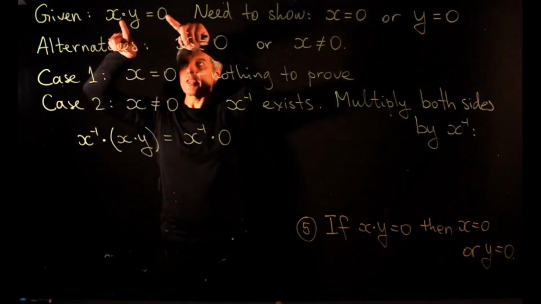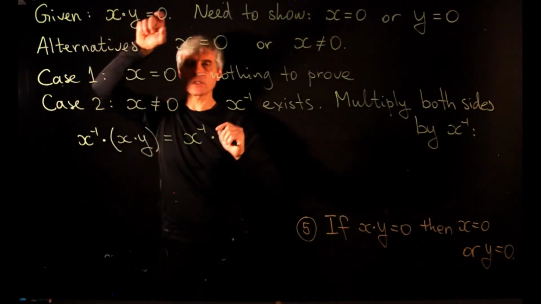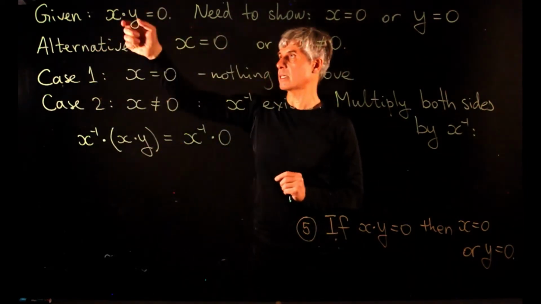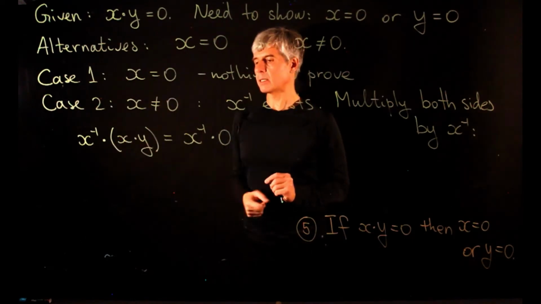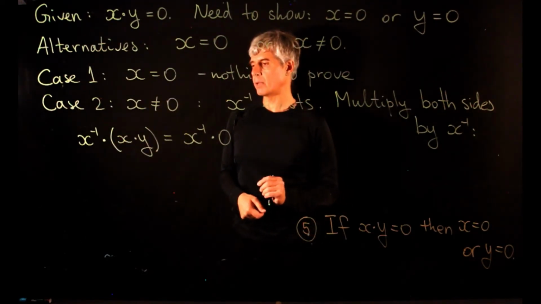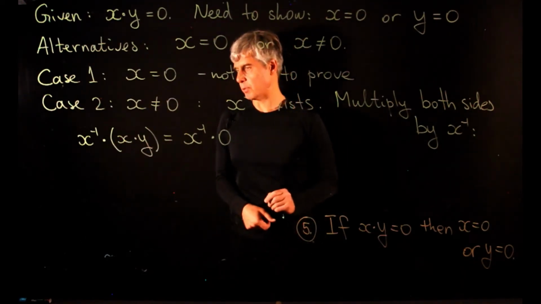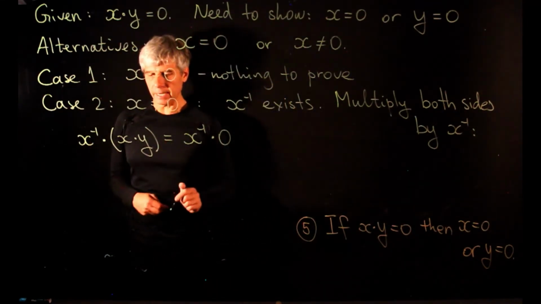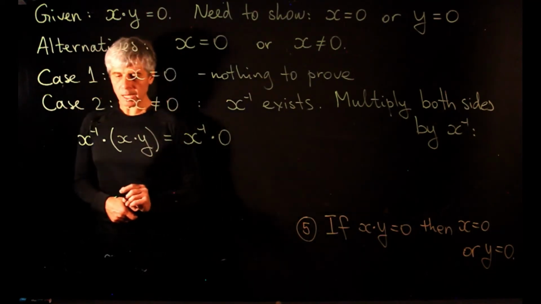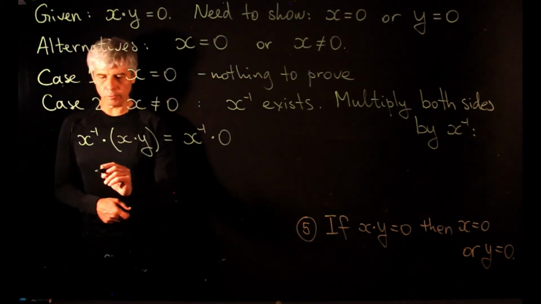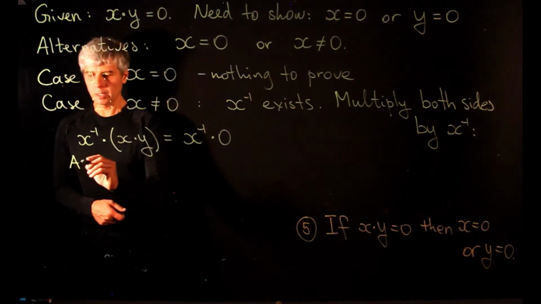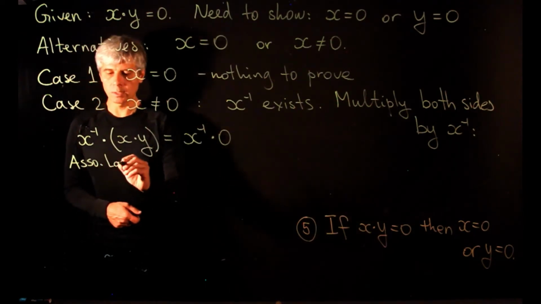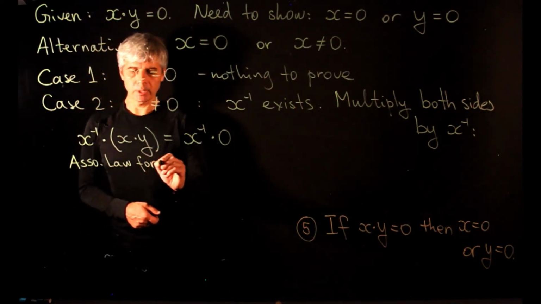Right? So we know this, and so if we multiply this equality by x inverse on the left, then we still have equal expressions. So then on the left-hand side, we apply the associative law for multiplication.